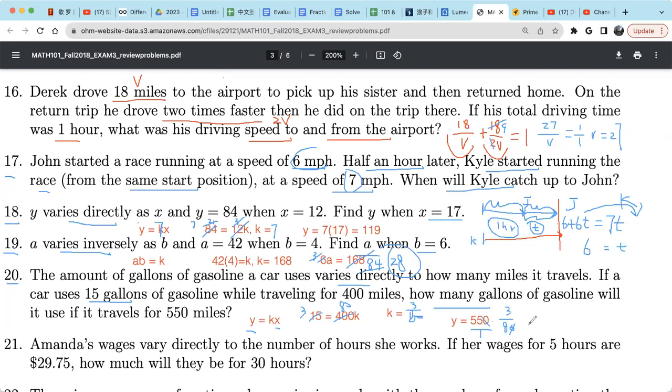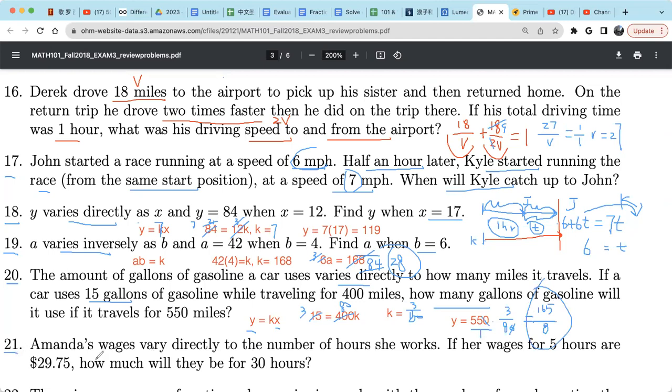Now 3 times 55, that's 165, divided by 8, right? So this is how many gallons? You could use a calculator to approximate. So this is the answer.